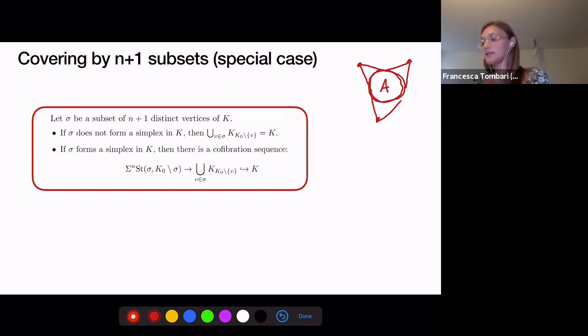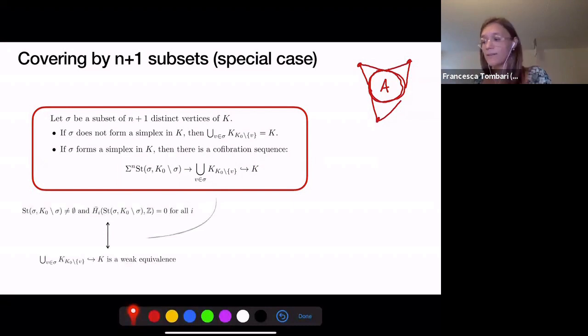In this case, the obstruction complex fits into a cofibration sequence like this one. And what does it mean? That the homotopy type of the obstruction complex, of the data-driven decomposition of K and of the nth suspension of the obstruction complex are related in a long exact sequence.